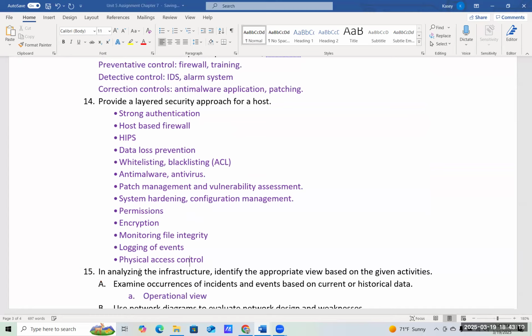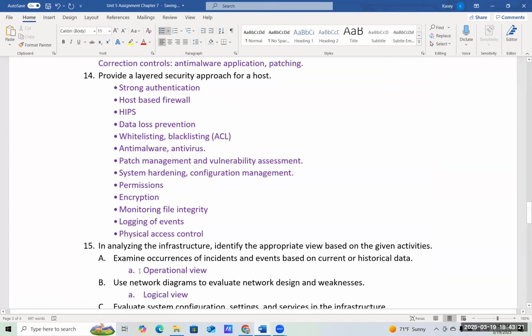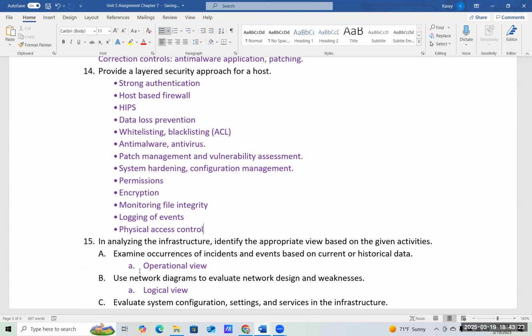Okay, so let's look at 15. It says, in analyzing the infrastructure, identify the appropriate view based on the given activities. A, examine occurrences of incidents and events based on the current or historical data.